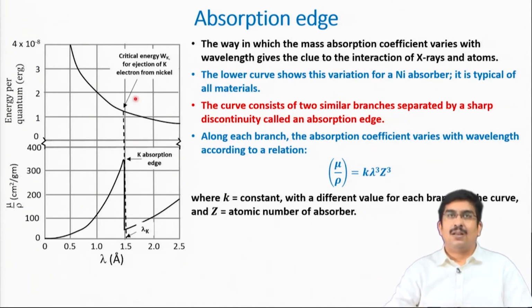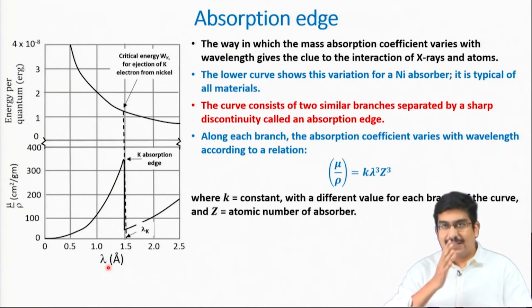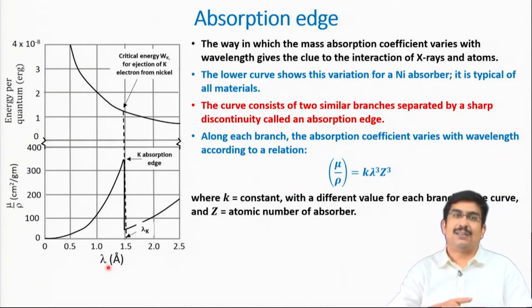Okay. So, consider the way in which the mass absorption coefficient mu by rho varies with the wavelength of the X-ray. Remember, wavelength and energy of the X-ray are interchangeable quantities. If the X-ray has a lower wavelength, the energy of the X-ray is correspondingly higher.